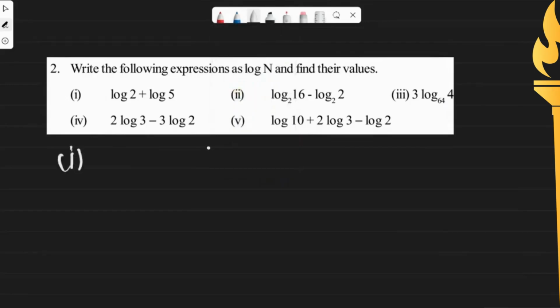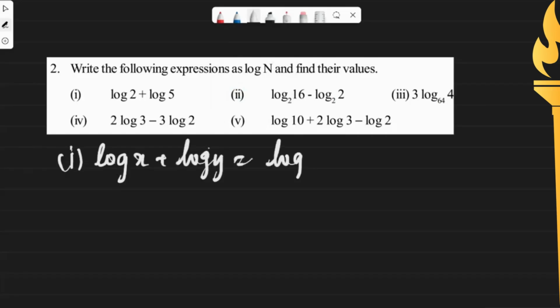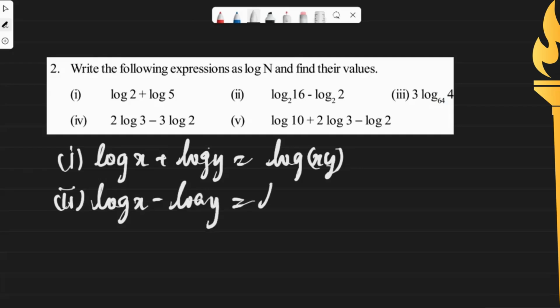First point: log x plus log y is equal to log x into y. Second point: log x minus log y is equal to log x by y.